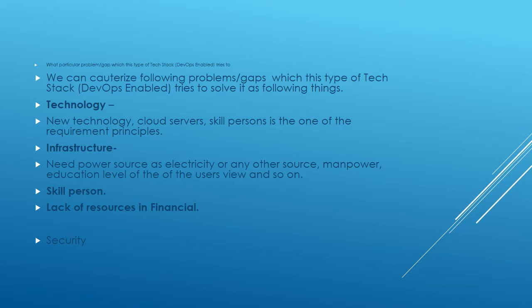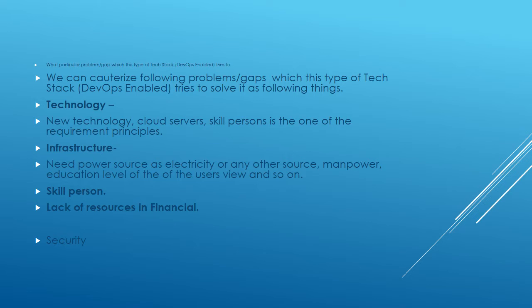The next thing is infrastructure. We need a power source such as electricity or any other source, manpower, the education level of the users, and so on. These are the very basic infrastructure for the DevOps enabled stack.